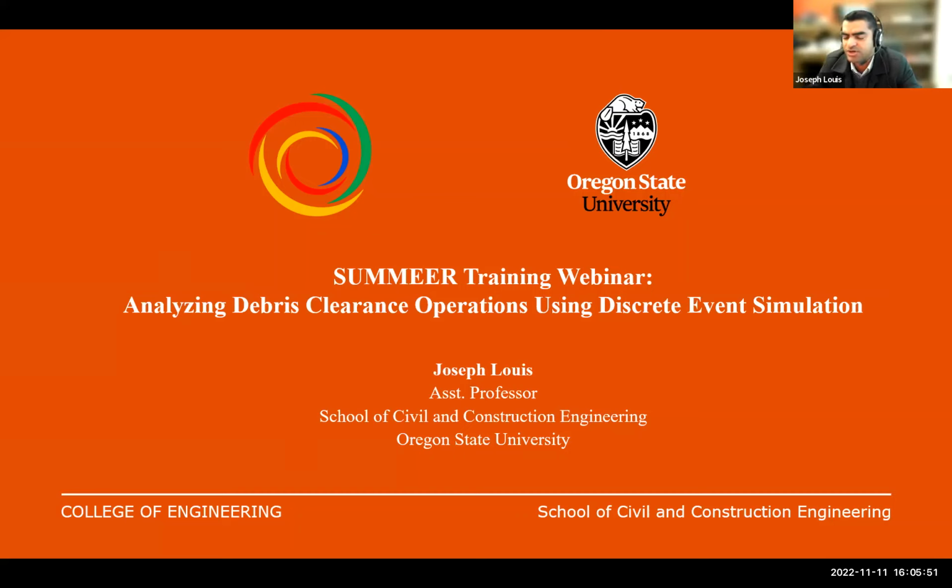So we'll be talking about discrete event simulation and how that can be applied to debris management operations. The way this presentation is structured is, I'll spend the first few slides talking about the importance of debris management operations, especially within the context of SUMMEER, and thinking about ways in which we can incentivize the sustainable disposal of debris.